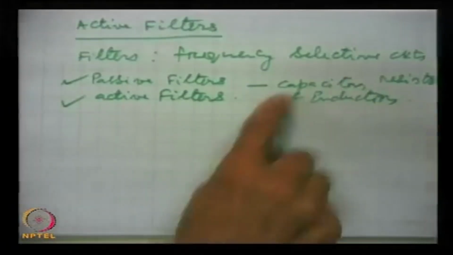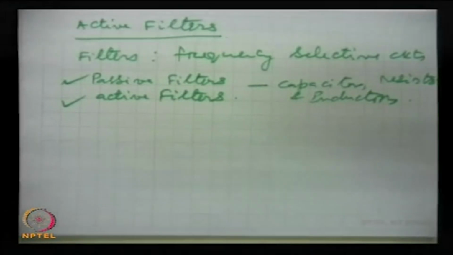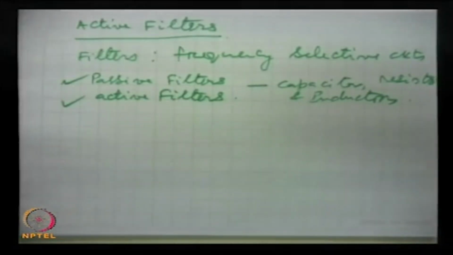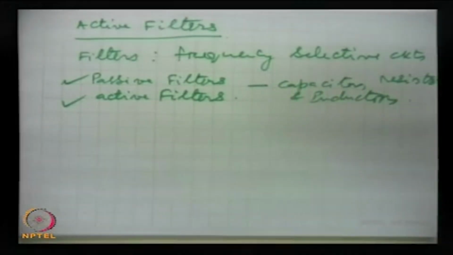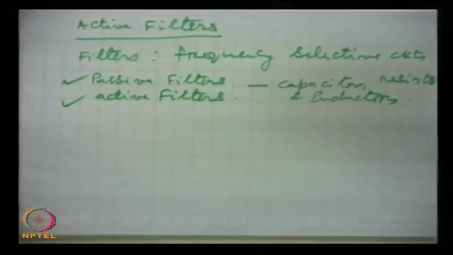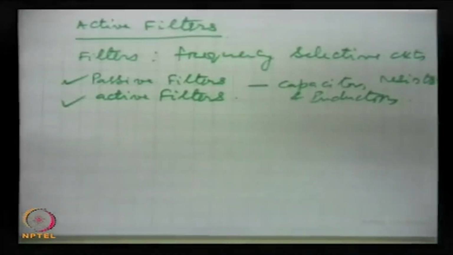Inefficient in the sense, there are 2 points. One is that these components will dissipate certain signal. So, signal is attenuated in passive filters, number 1. Second thing is that the frequency response of passive filters is not as good as in the case of active filters.